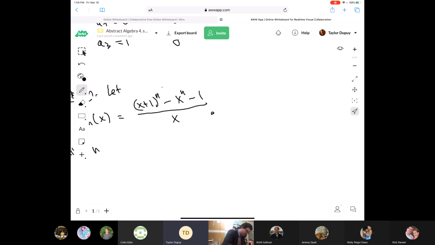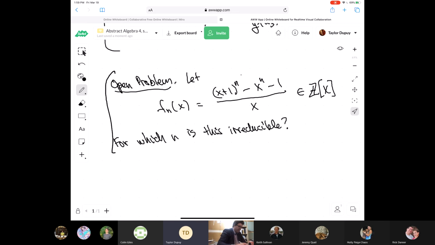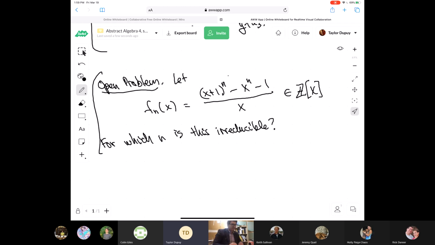View this as a polynomial in Z of x. If you expand this out, it'll have integer coefficients. So for which n is this irreducible? I think this is a super hard problem, and I think people don't know the answer to this.